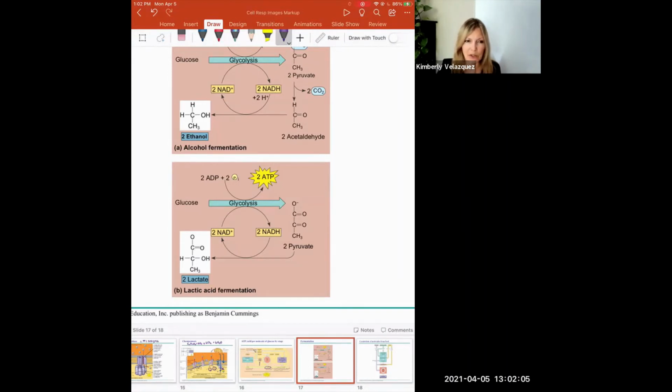Certain organisms are going to make alcohol as a product of fermentation. Certain others are going to make lactic acid, and this is what we make. We make lactate or lactic acid.